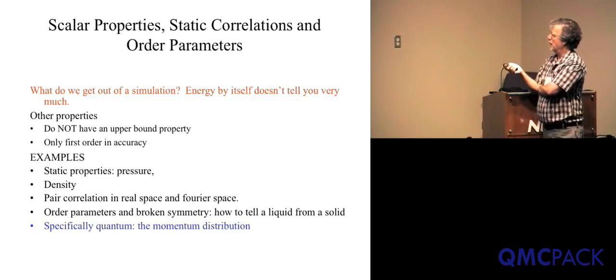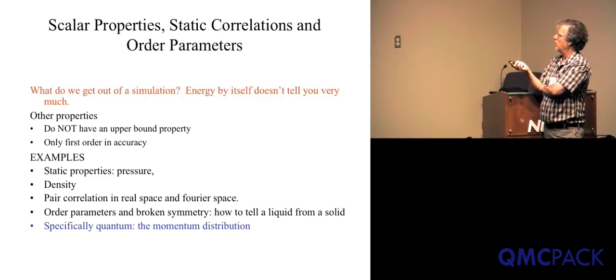The other things that you might want to compute are things like the pressure, the density, the pair correlation, order parameters, how to tell a liquid from a solid, and the momentum distribution. There are procedures to calculate all of these things, and they tell you a lot more about what's going on in the system than just the energy, although the energy is the thing that's computed most accurately.